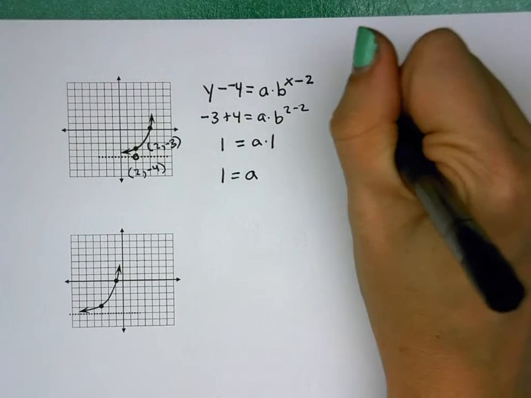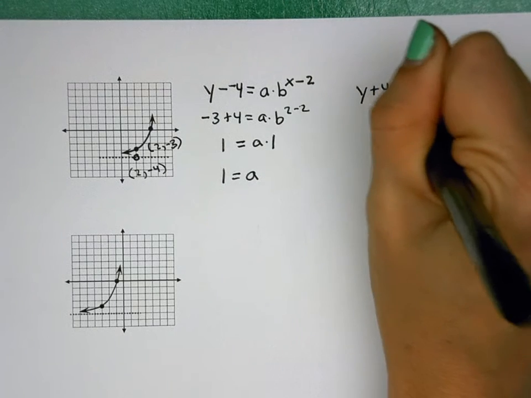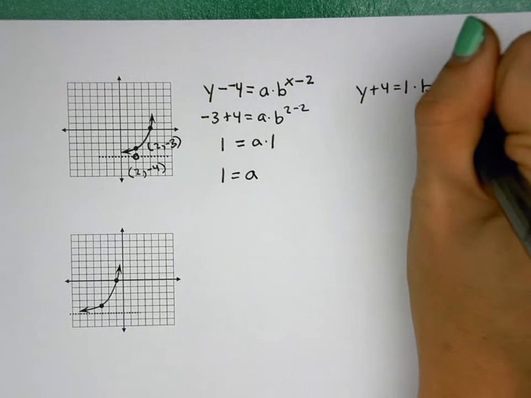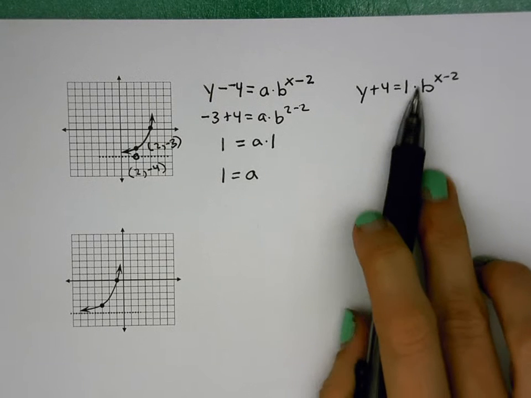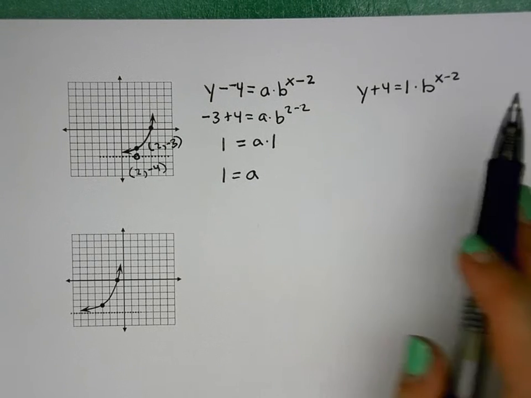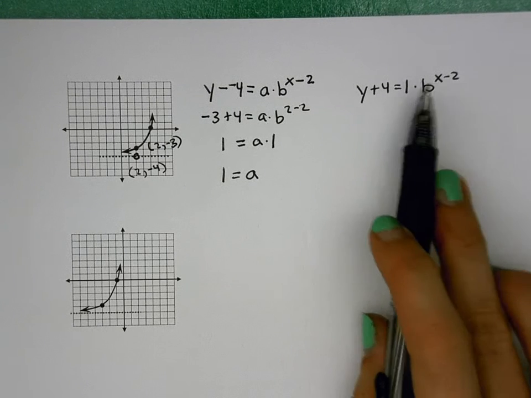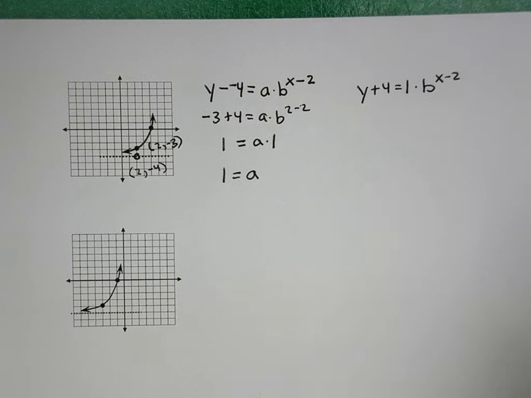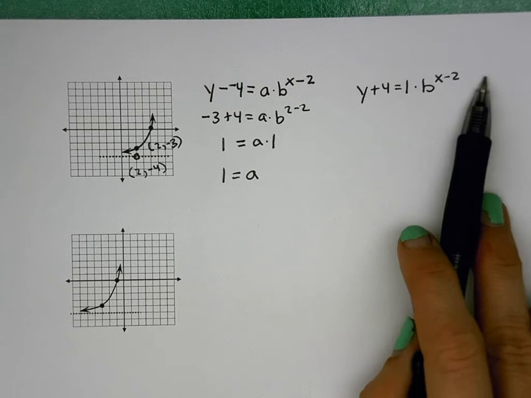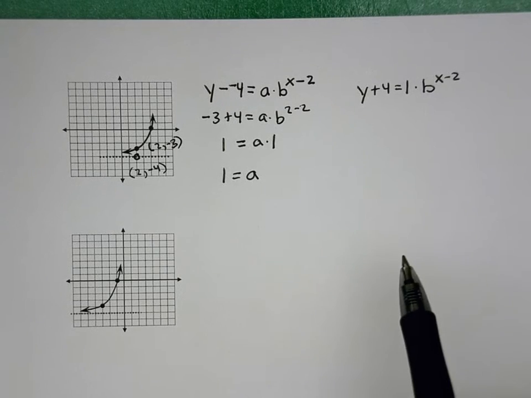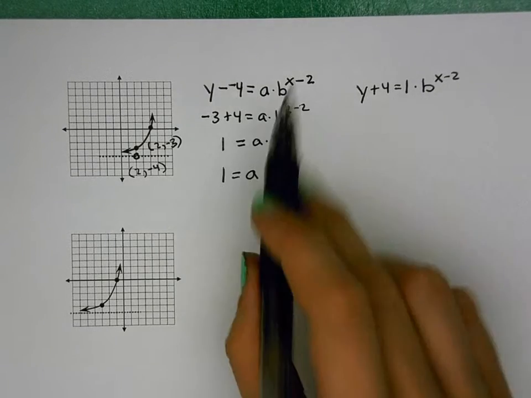So we have y plus 4 equals 1 times b to the x minus 2. And since this is 1 times, I don't actually have to write it, right? Think about what 1 times anything is. I could actually just write this as y plus 4 equals b to the x minus 2 if I wanted to.